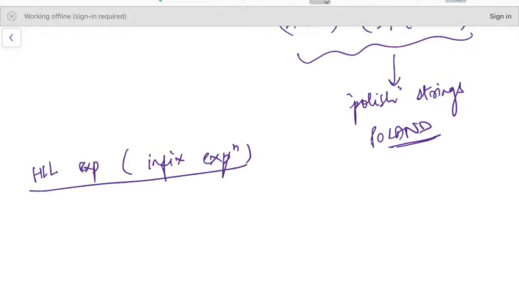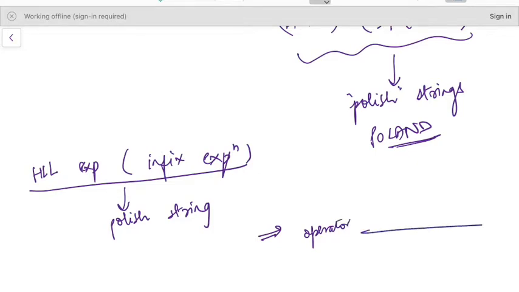So in order to convert this infix expression into Polish string, what we need to satisfy is that, this is like the first point maybe, or the first condition: the operator is placed either before the operands, so operator, and then these are operands, right?